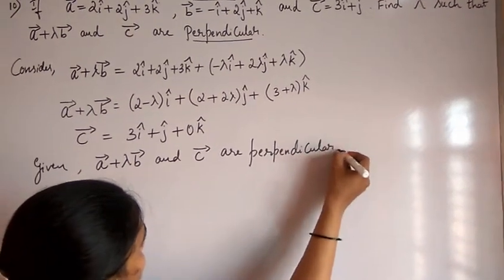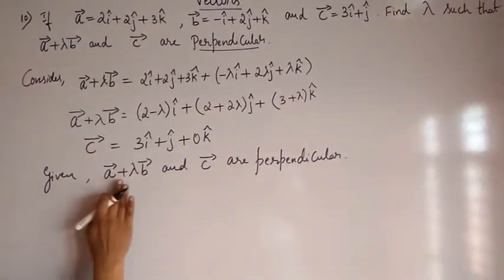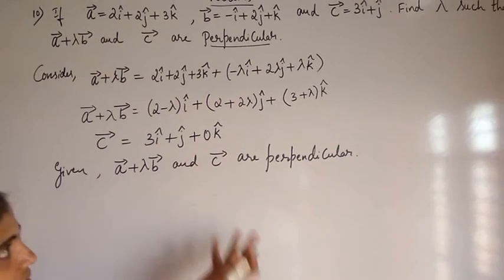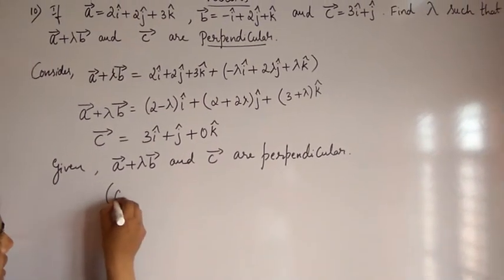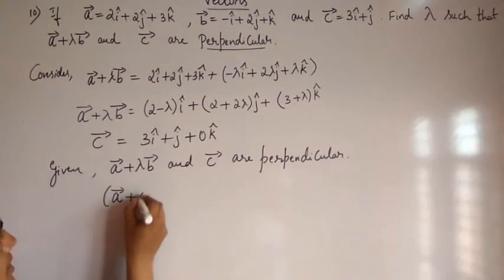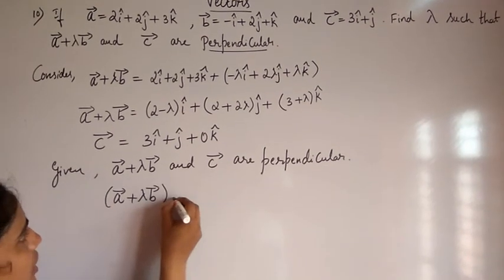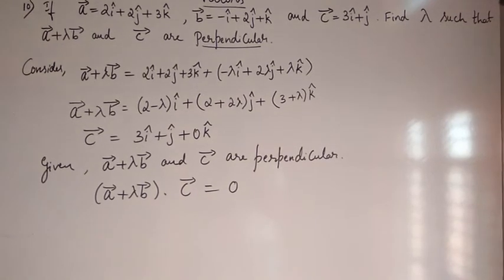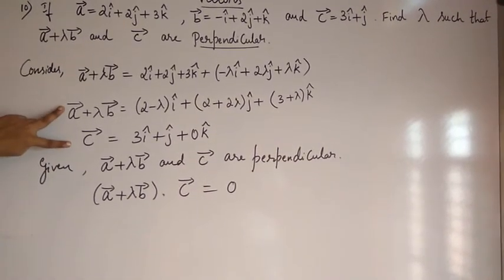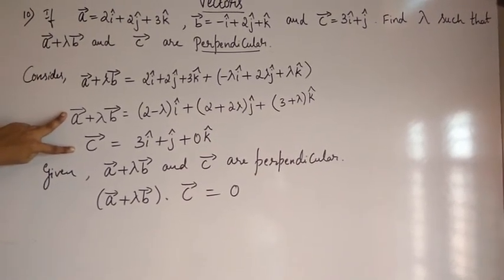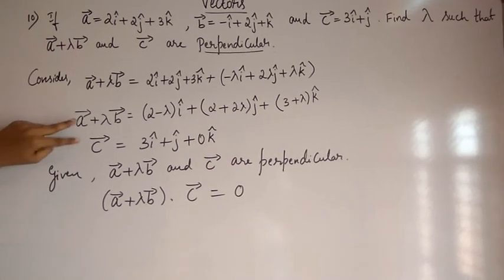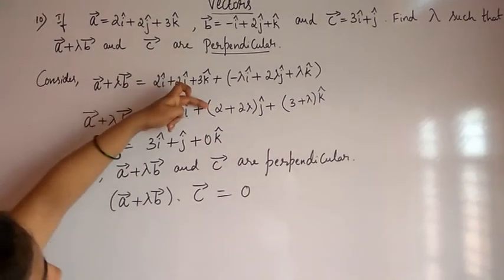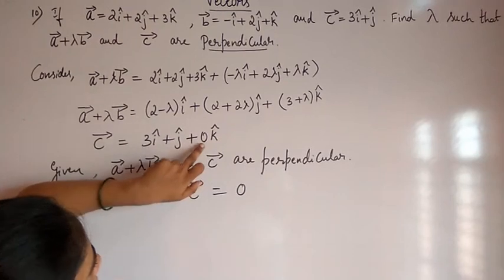So perpendicular means, what is the condition? The dot product of these two vectors is equal to 0. So that is vector A plus lambda B vector dot C vector equals 0. Since these two vectors are in component form, we have to apply the component form formula, that is A1 into B1 plus A2 into B2 plus A3 into B3.